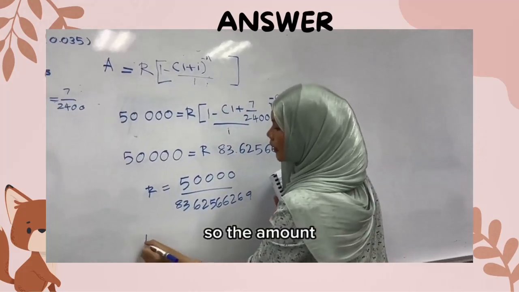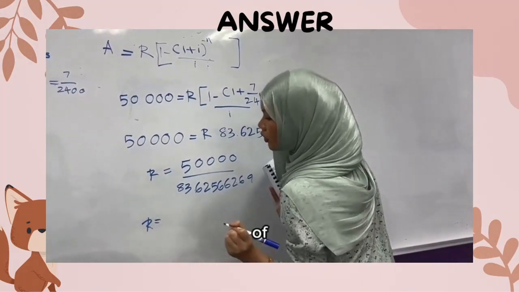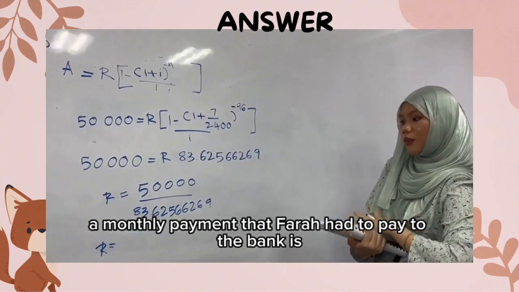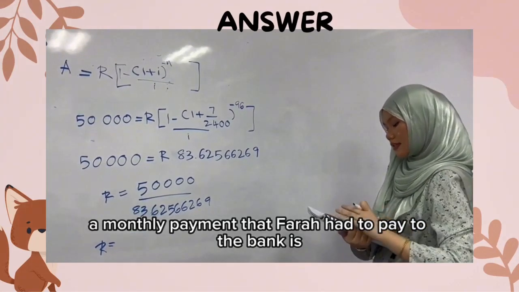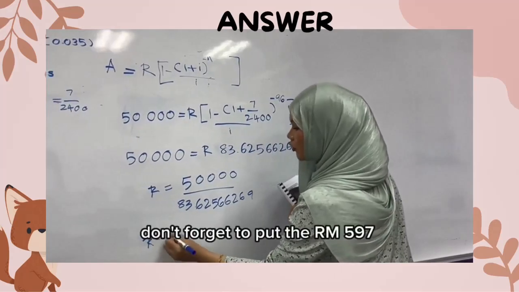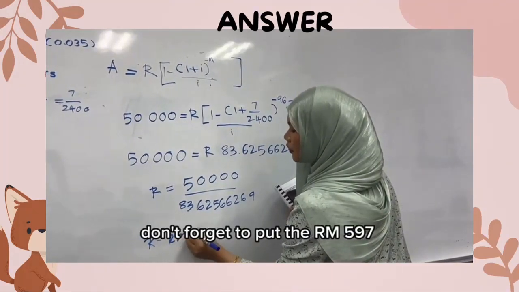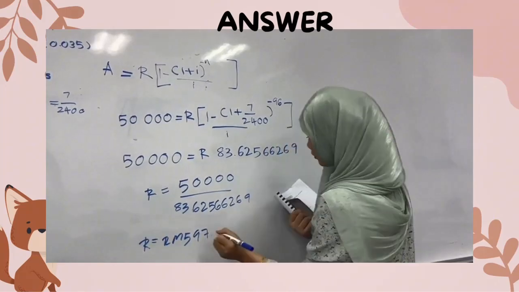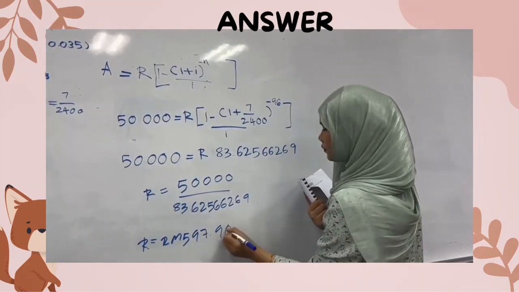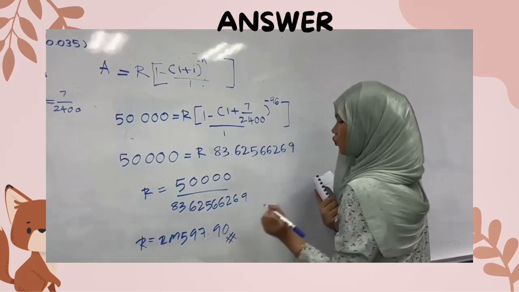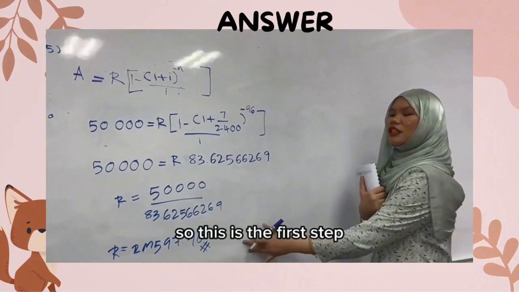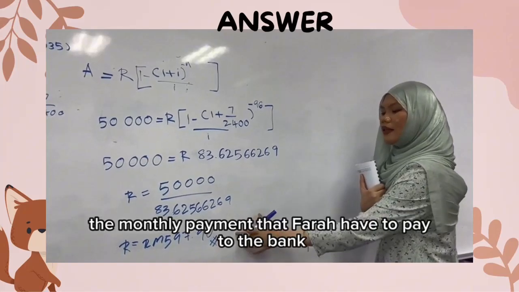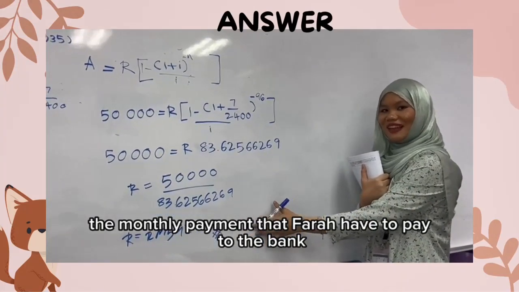So the amount of monthly payment that Farah has to pay to the bank is, don't forget to put the RM, 597 ringgit 90 cents. So this is the first step, which is how much the monthly payment that Farah has to pay to the bank.